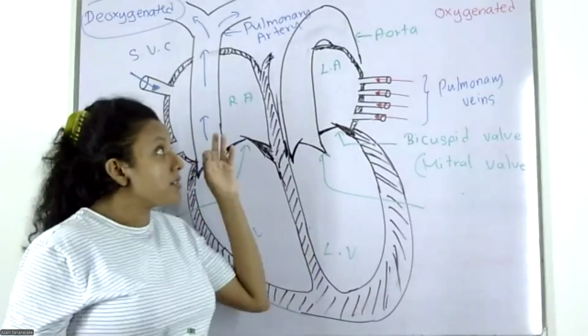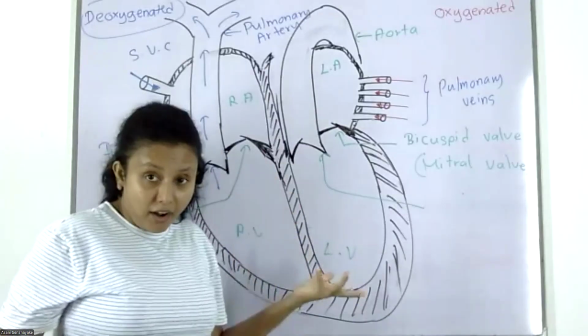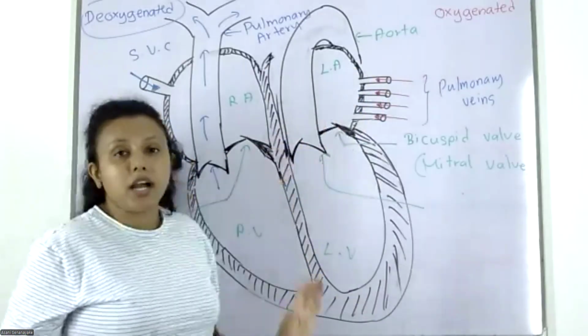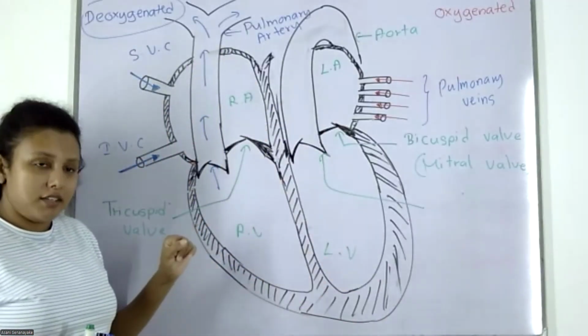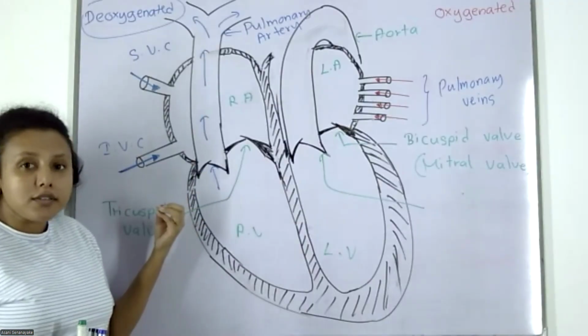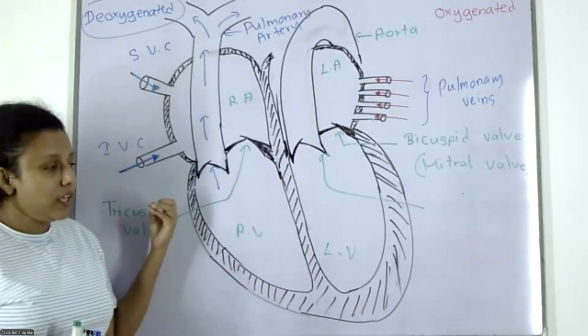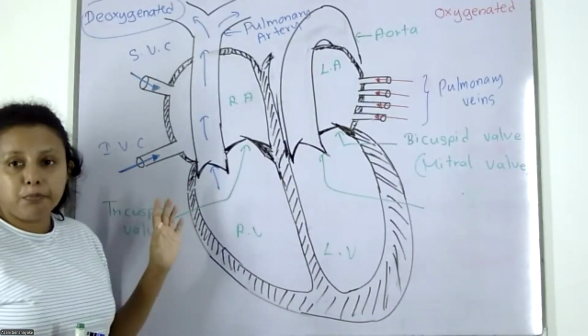Normally we denote oxygenated blood with red color, that's why I use red here. The right side normally contains deoxygenated blood. That's the important thing.